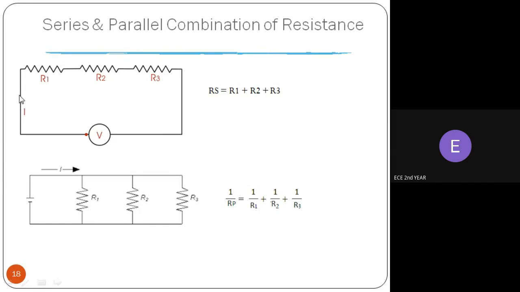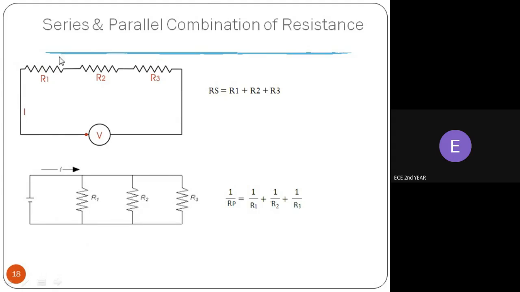The current through the resistances R1, R2, R3 is the same in the series combination, and the voltage across R1, R2, R3 is the same in the parallel combination. So here current is a constant parameter, and here the voltage across the elements is the constant parameter.